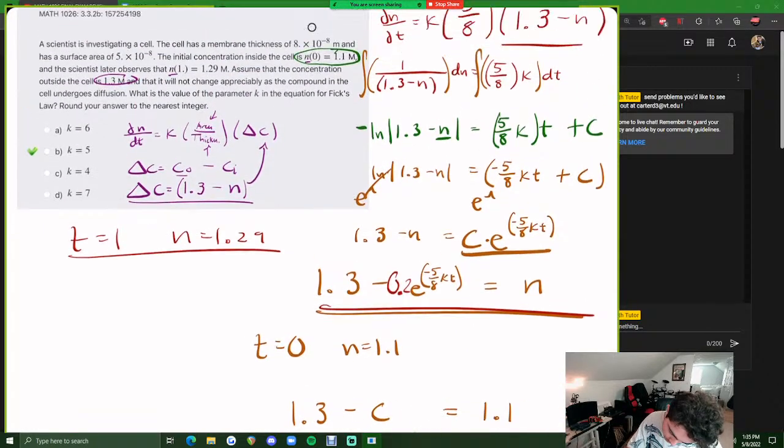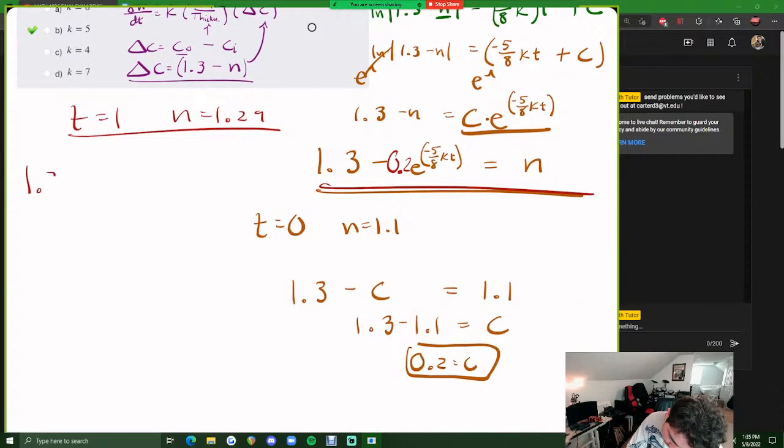We're doing 1.3 minus 0.2 e to the negative 5/8 times k, which we don't know, times t, which is 1. So really we can leave it off. And then equals n, which is 1.29.